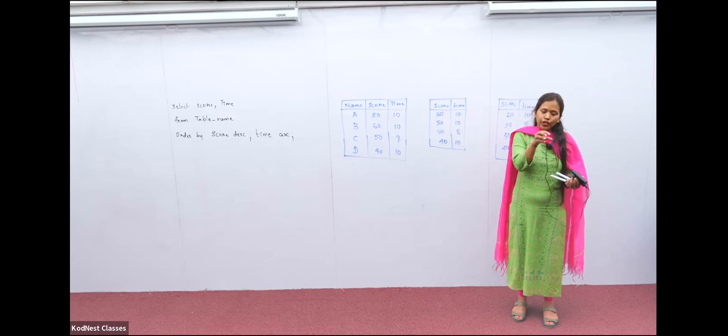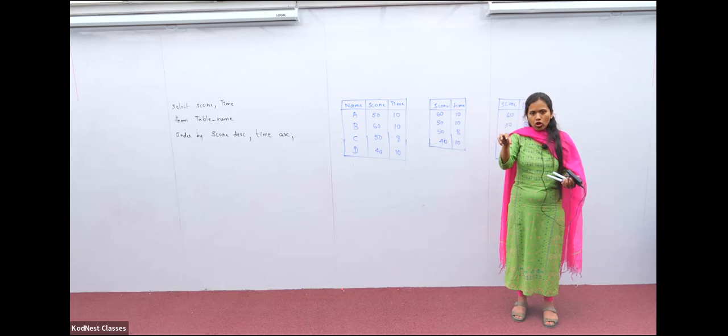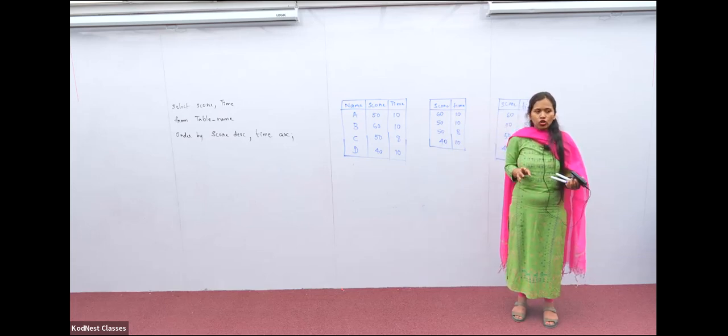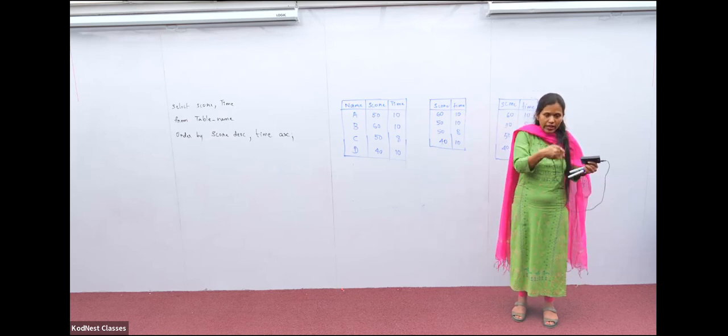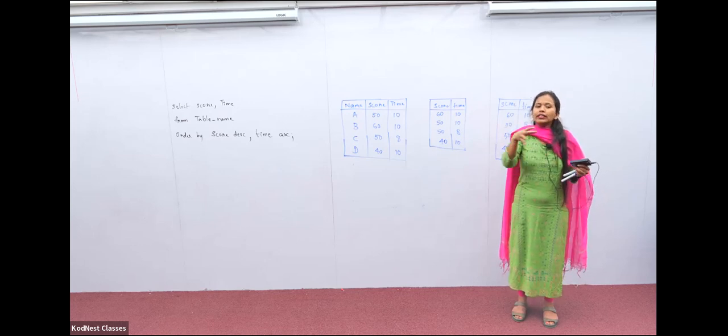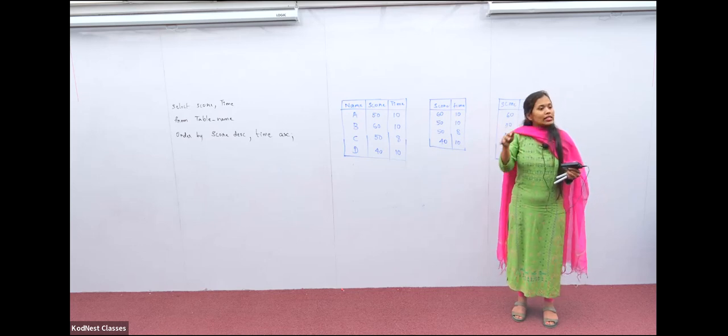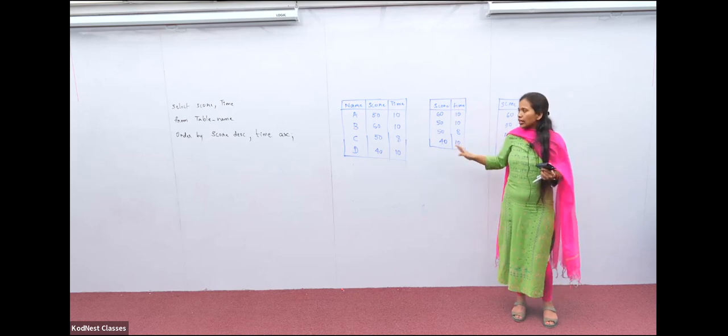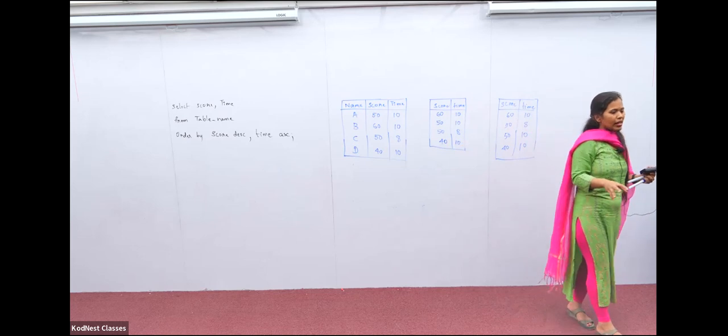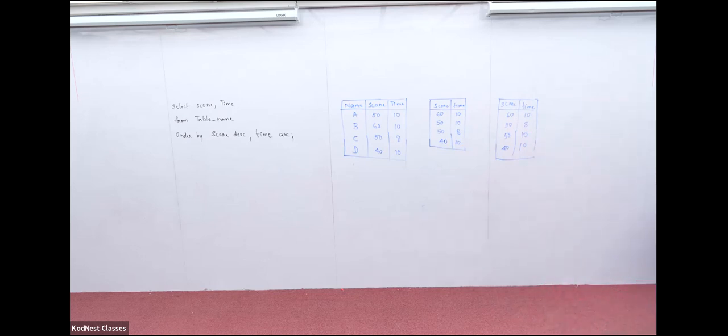First, it will perform sorting on the first column you have given. Then it goes to the second column. Then it goes to the third column. But it does not do this randomly, because the column values are interdependent. It first checks whether the first column value is the same, and only then does it go to the second column. Like this, the sorting will happen. Understood, everyone? Kindly copy this somewhere if you have a place.